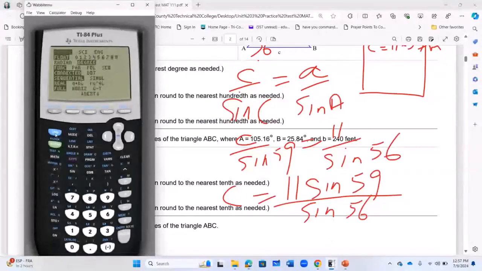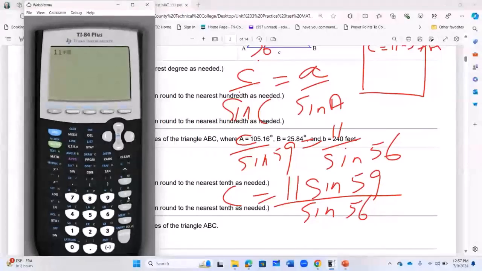So now I throw them in my calculator: 11 multiply sine 59 degrees, close parenthesis, hit enter, then divide by sine of 56 degrees, close parenthesis, and hit enter. My answer is approximately 11.37.